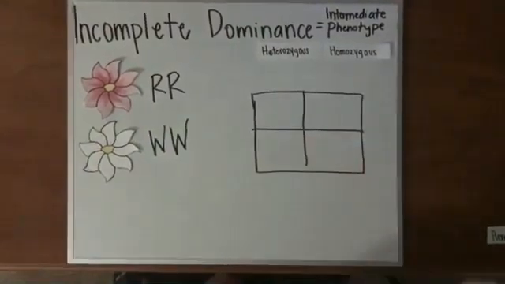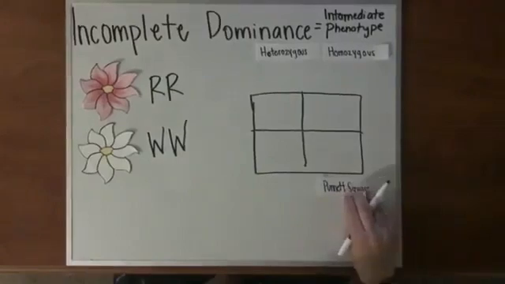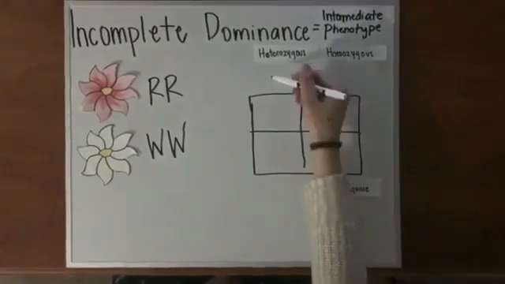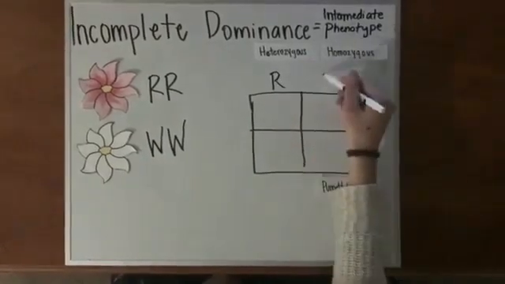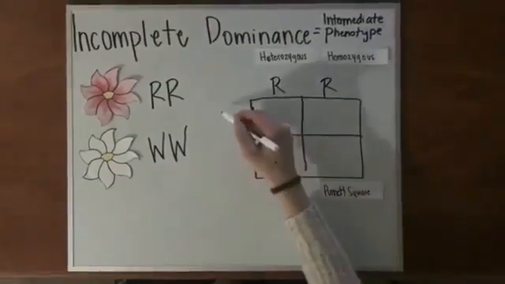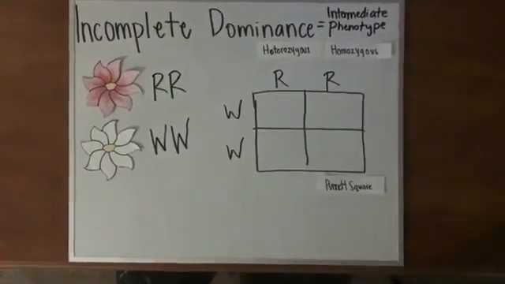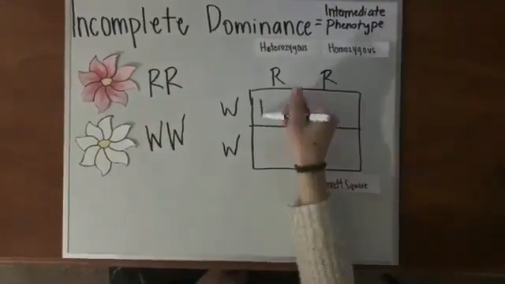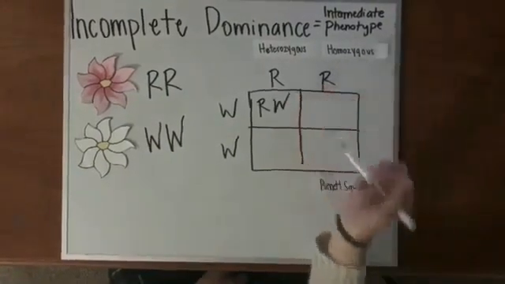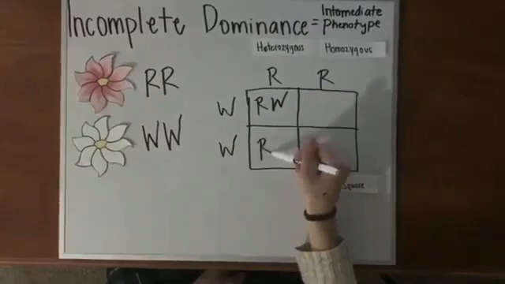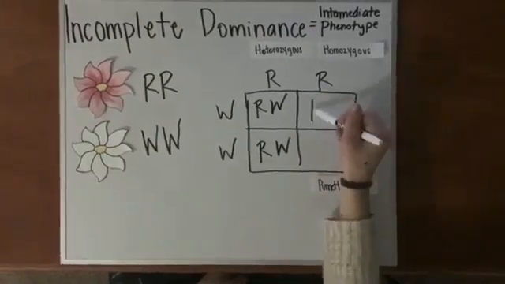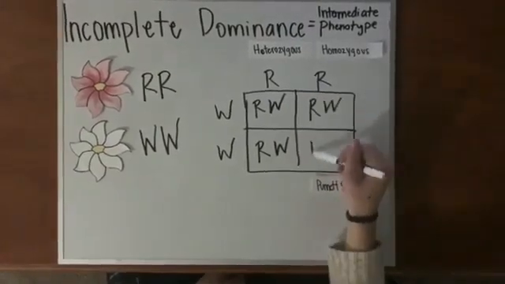Now, let's use a Punnett square to cross a red flower and a white flower. This is a Punnett square. We will put the red flower's alleles on top as big R, and the white flower's alleles on the side as big W, big W. Now, fill in the boxes like we have done in class. We have big R, big W in the first box, and continue to fill that in each of the other boxes.